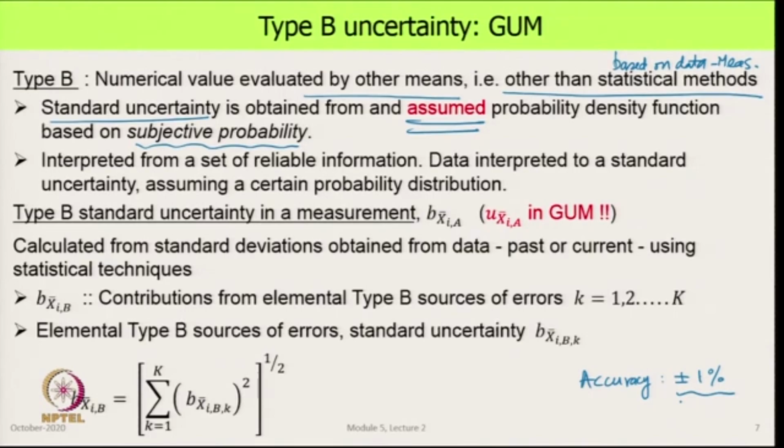Assuming that distribution, and we make some more assumptions and say what does this mean, and then assign a standard uncertainty to this. So, in terms of a distribution, we said that standard uncertainty is nothing but the standard error.